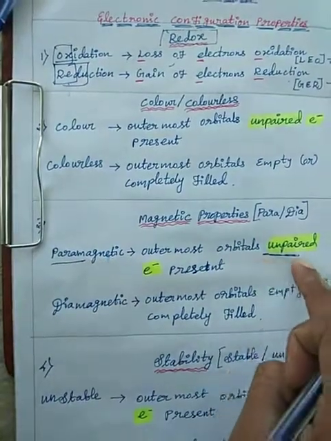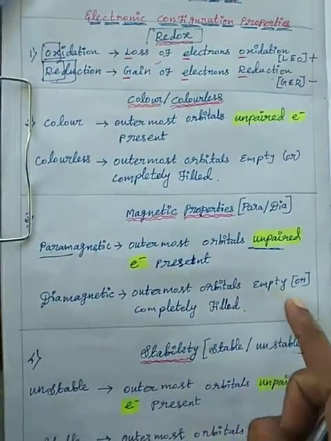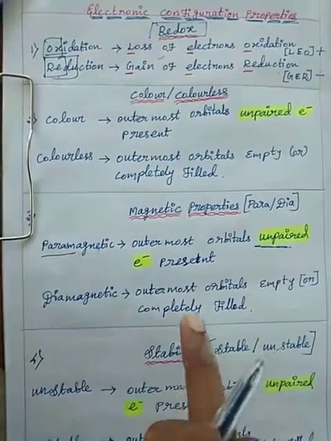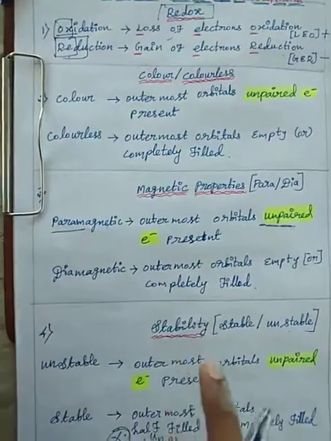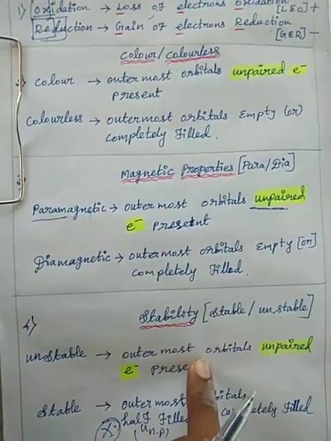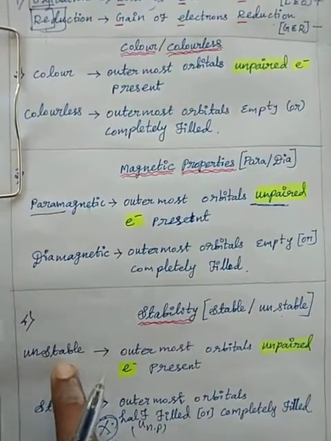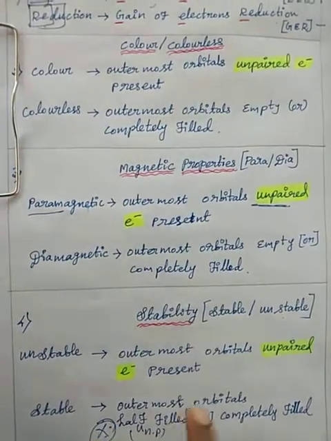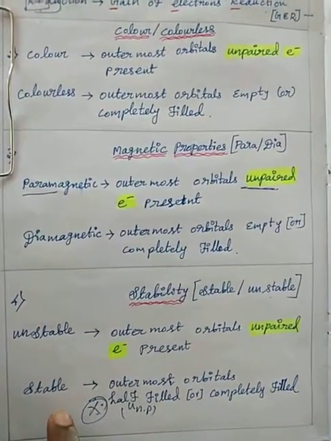The clue word unpaired means paramagnetic. Outermost orbital empty or completely filled is called diamagnetic nature. And stability: outermost orbitals with unpaired electrons present but not half filled means unstable, and outermost orbital half filled or completely filled is called more stable.